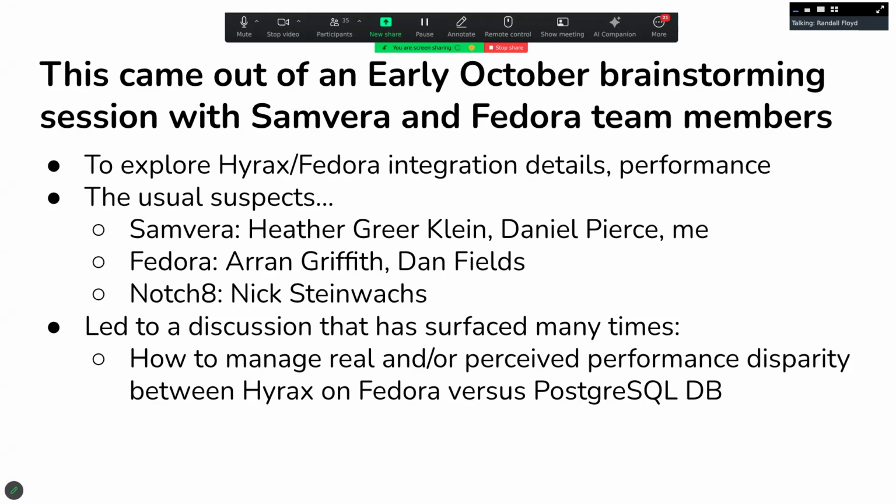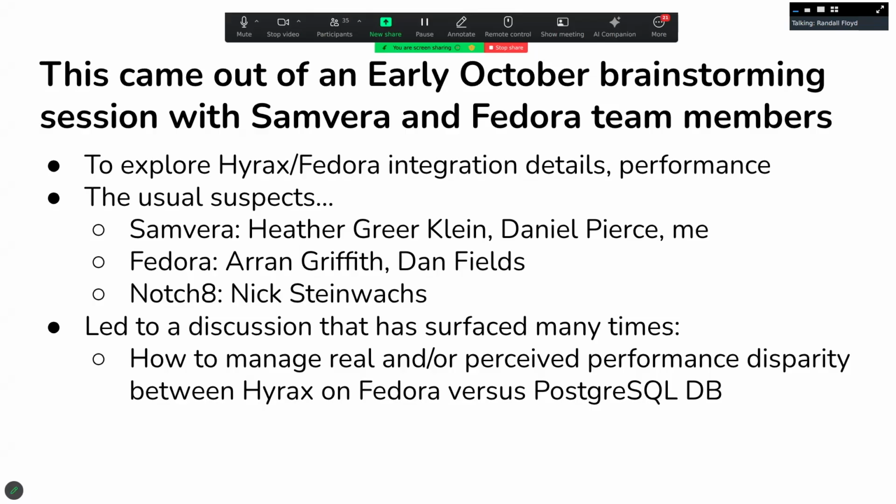And Notch8, if people in this audience don't know who that is, they're a very strong service provider and contract developer in the Samvera space. I want to credit Nick specifically from Notch8 because he led us into a discussion that has surfaced many times in our history. Being a newer face in the sphere of things, I think he was able to point out some obvious things that maybe we had stopped talking about over time.